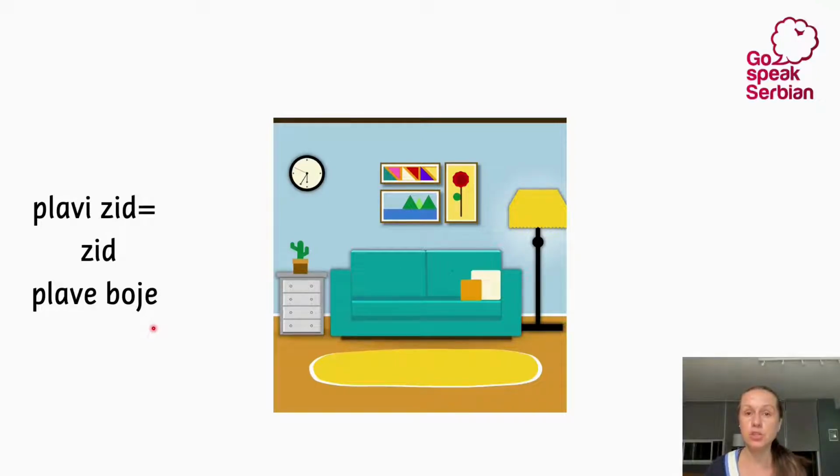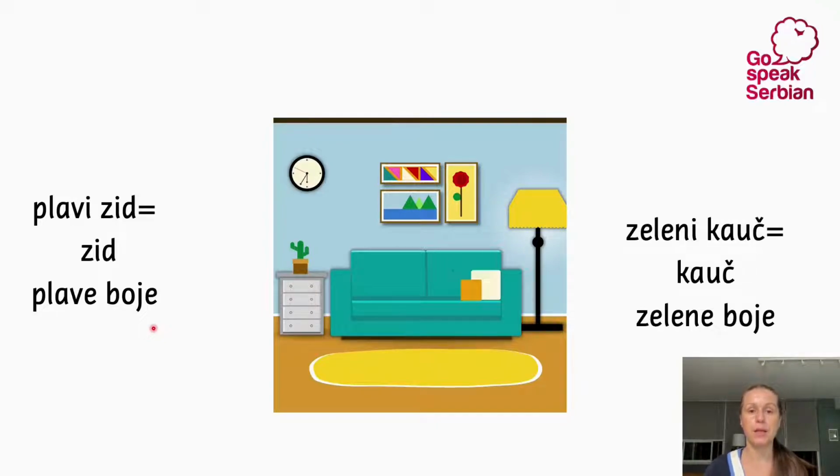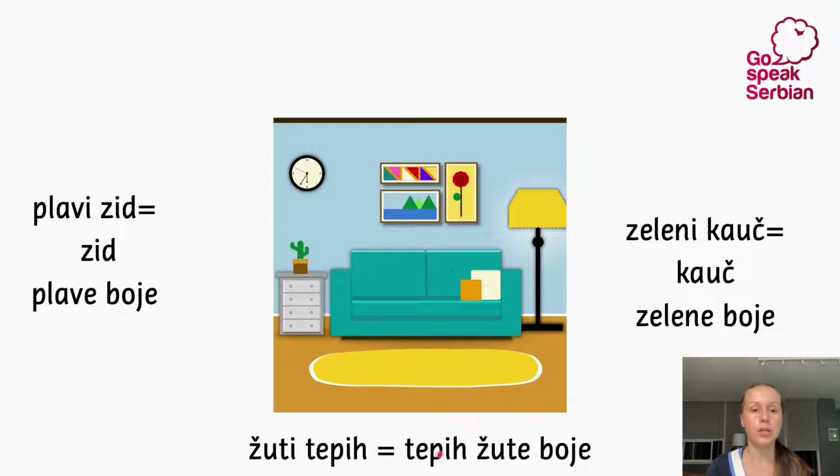So we can use genitive to describe the quality of a thing or an object, how it looks, what color it is. Zid plave boje. Likewise, we can say zeleni couch, green couch, or couch zelene boje. Žuti tepih, yellow carpet, ili or tepih žute boje.